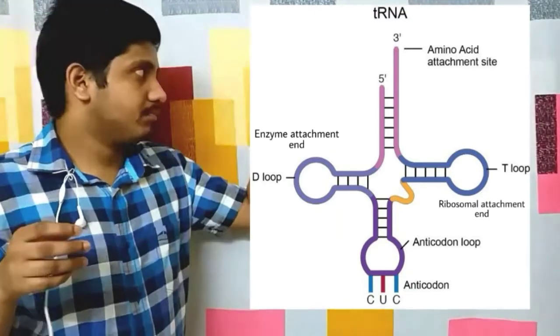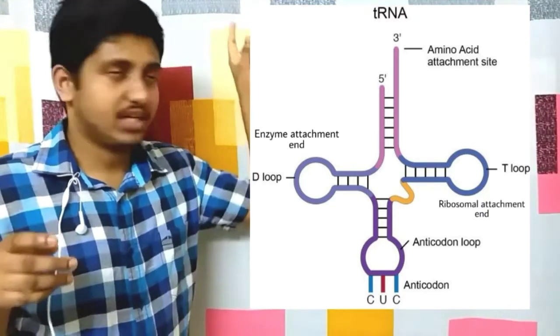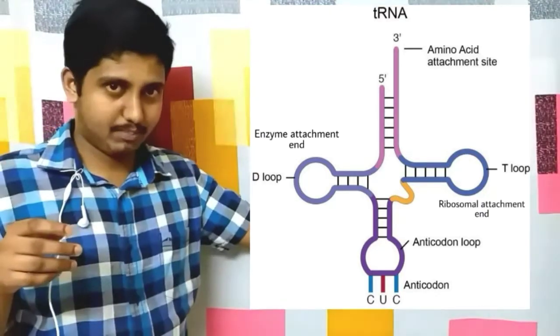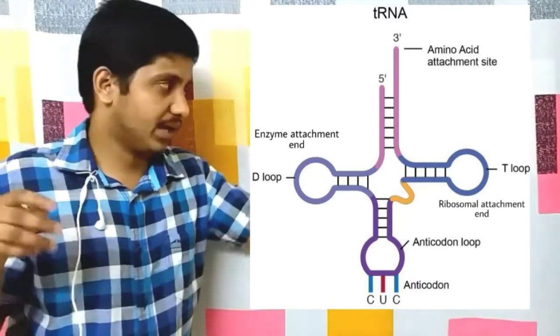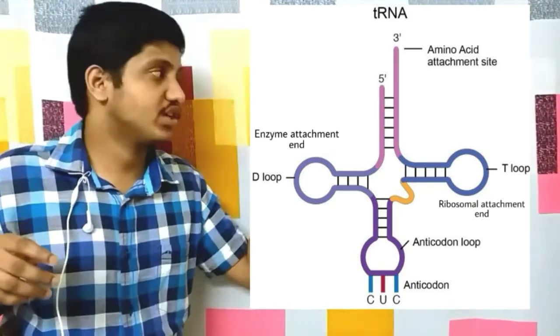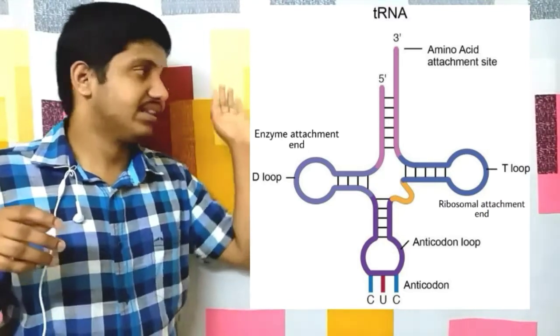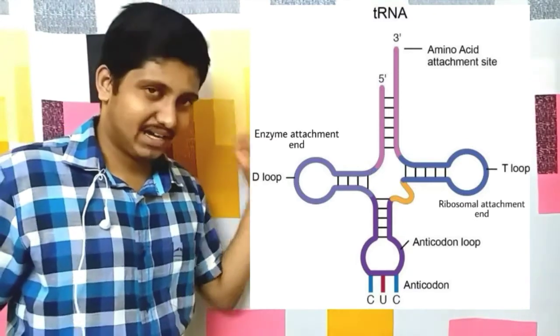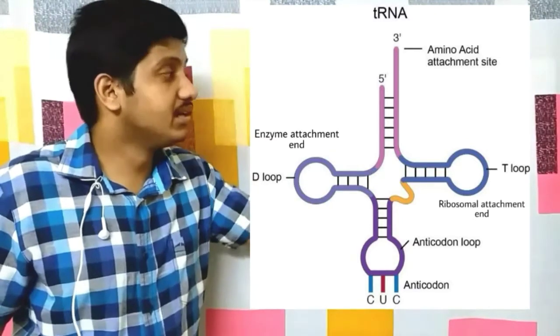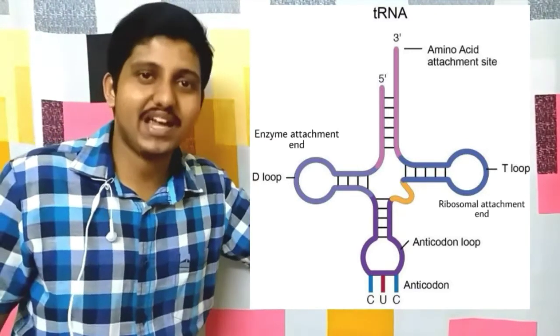So where does this amino acid attach? It attaches to the upper arm, that is, the amino acid acceptor end. Similarly, we have two other arms: one is the enzyme attachment end, and I will tell which enzyme, and the other one is the ribosomal attachment end.